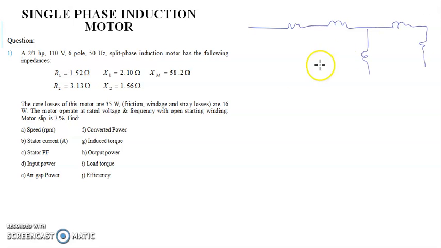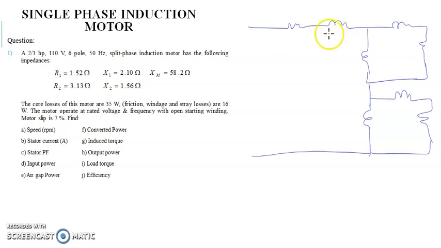So you write down all the related circuit of the single phase induction motor, the resistor here, the inductor here, R1, JX1, and you may pause this slide if necessary.